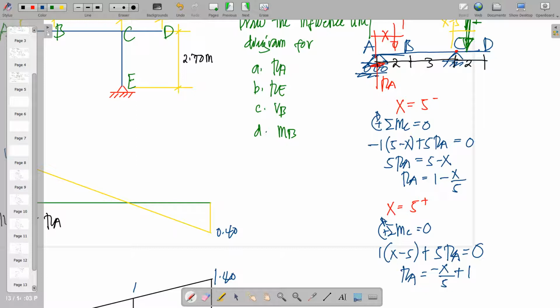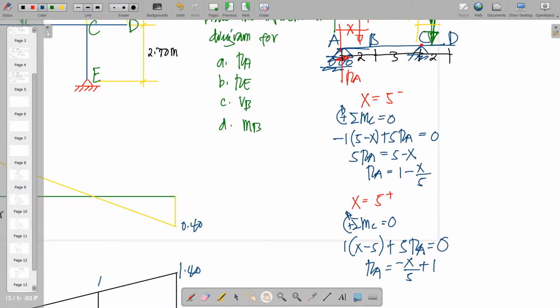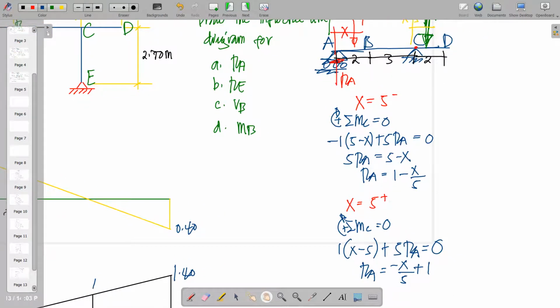So we have two distinct equations for a transferring load or unit load, just left of C and just right of C. So we tabulate, say x against its RE. So when x is equal to 0, we use this equation. Therefore, RE is equal to 1.